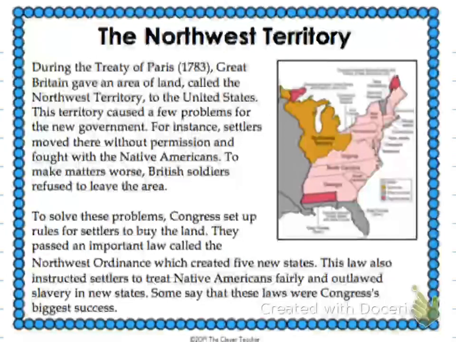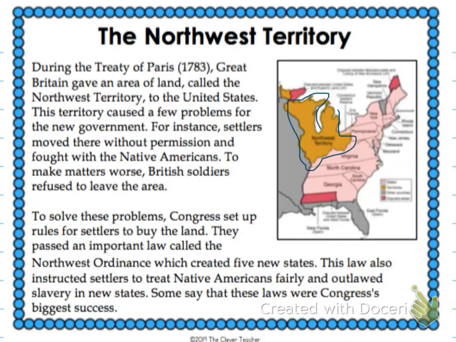The title of this little section is called the Northwest Territory. So before we begin, I'm going to do something really important here. Do you see all this orange? And I'm trying to trace it. This is what we're talking about as what the Northwest Territory is. And here's something crazy.